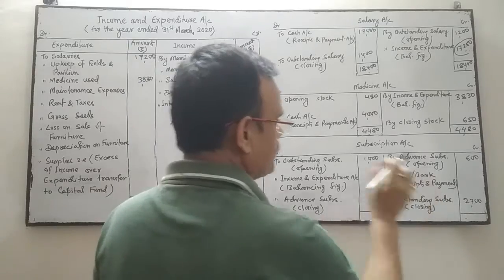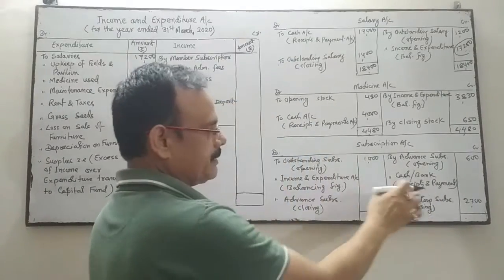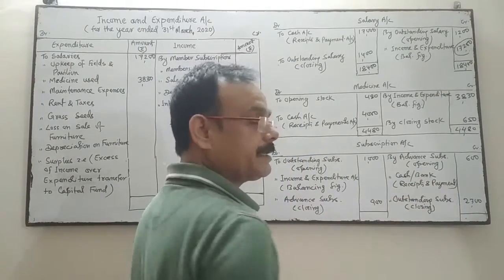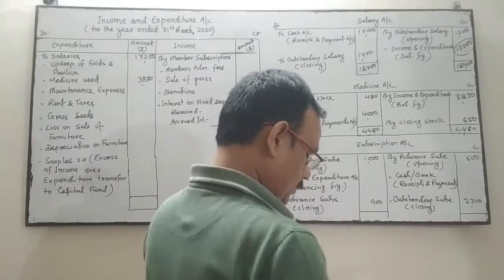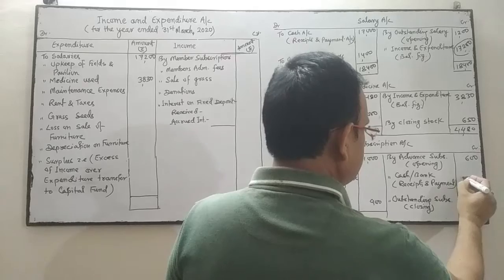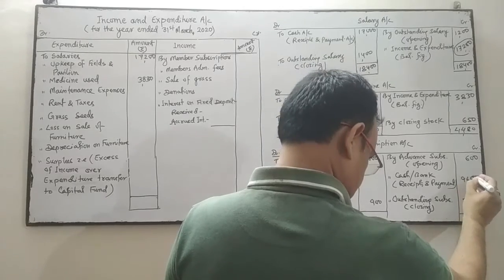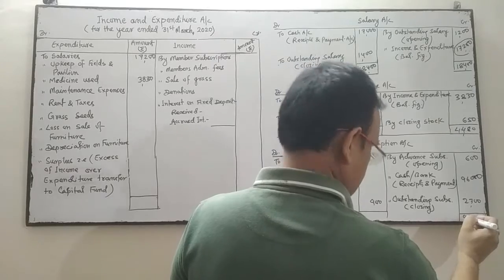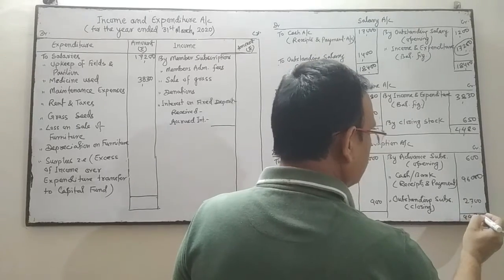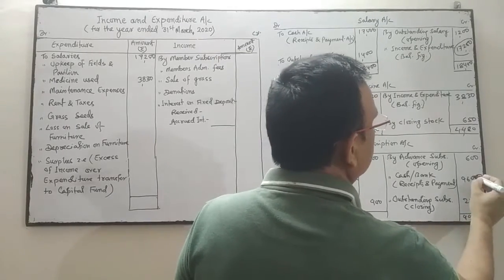And subscription received during the year, you will get this information in the receipt and payment account receipt side. So received during the year is 96,000. So total is 99,300.